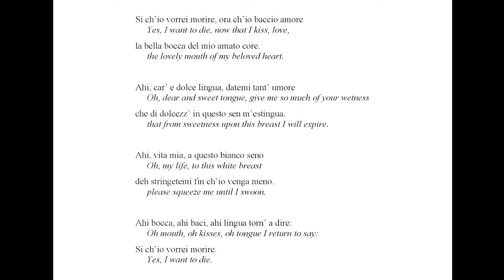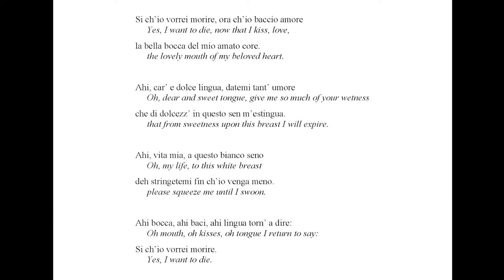Line 1 is, "Yes, I want to die now that I kiss, love, the lovely mouth of my beloved." Line 2 is, "Oh, dear and sweet tongue, give me so much of your wetness that from sweetness upon this breast I will expire."